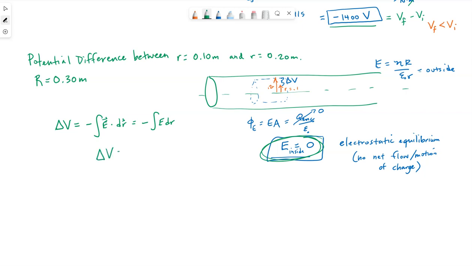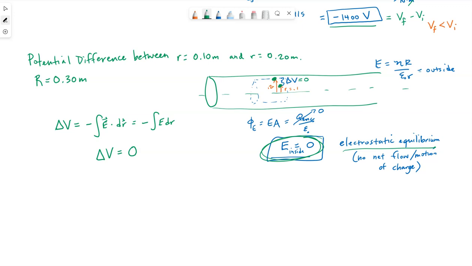What this tells me is that inside a conductor that is in electrostatic equilibrium, the potential difference is 0. So coming back to our original picture, a point at 0.2 meters from the center versus a point at 0.1 meters from the center has a delta, not the point itself, but there's a difference of 0.